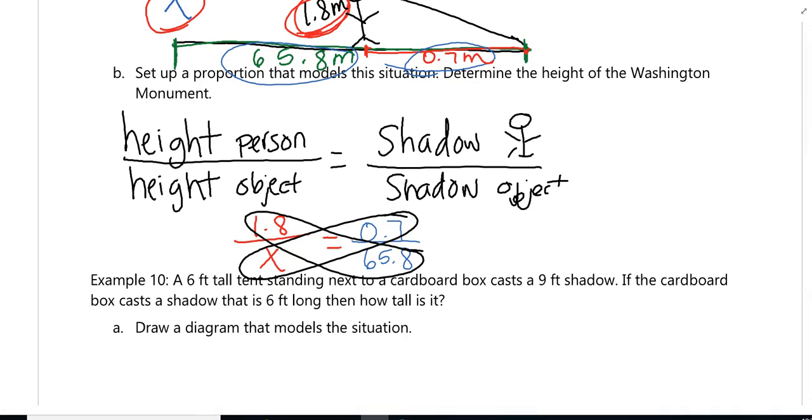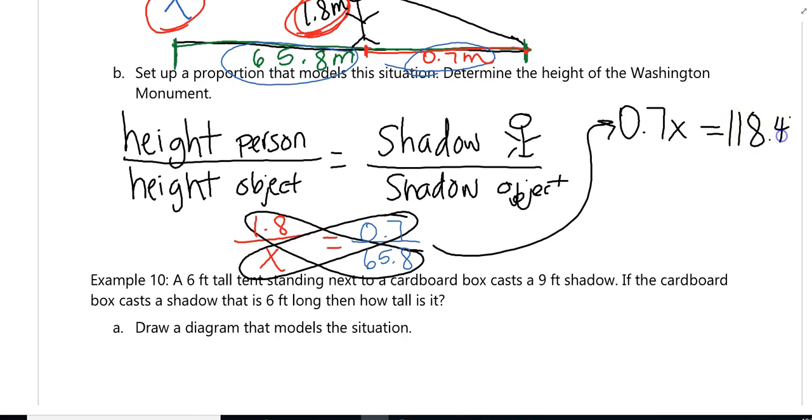0.7 times x. I'm going to go ahead and kind of just extend this over here. 0.7 times x is just 0.7x. 1.8 times 65.8 is going to give us 118.44. Still the same steps. These are getting multiplied together, so I'm going to go ahead and divide by 0.7 to get my x by itself.